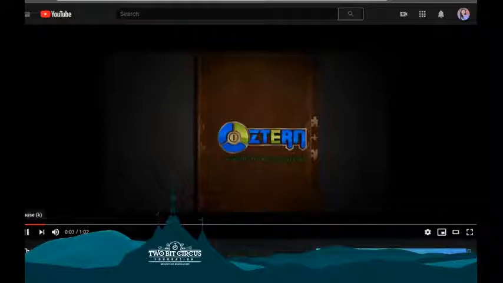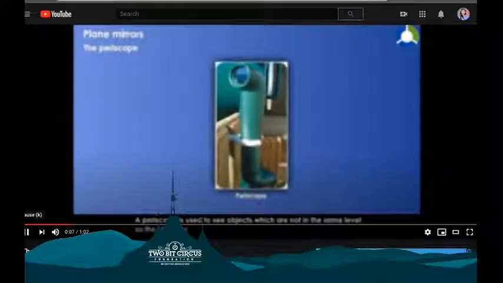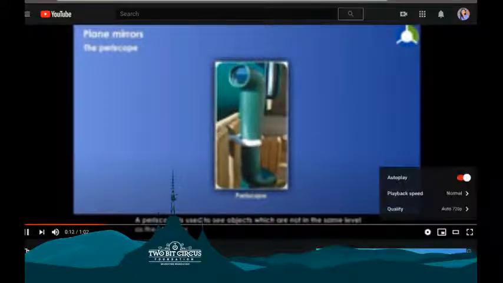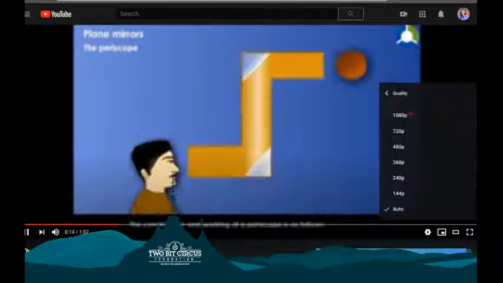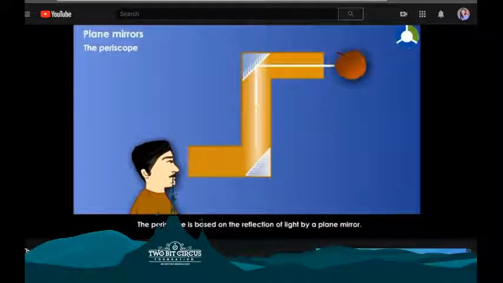The periscope. A periscope is used to see objects which are not in the same level as the observer. The construction and working of a periscope is as follows. The periscope is based on the reflection of light by a plane mirror.